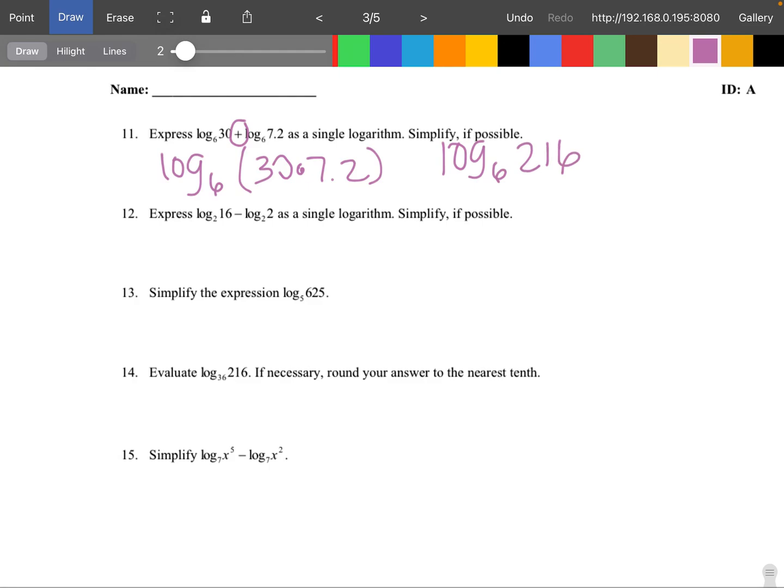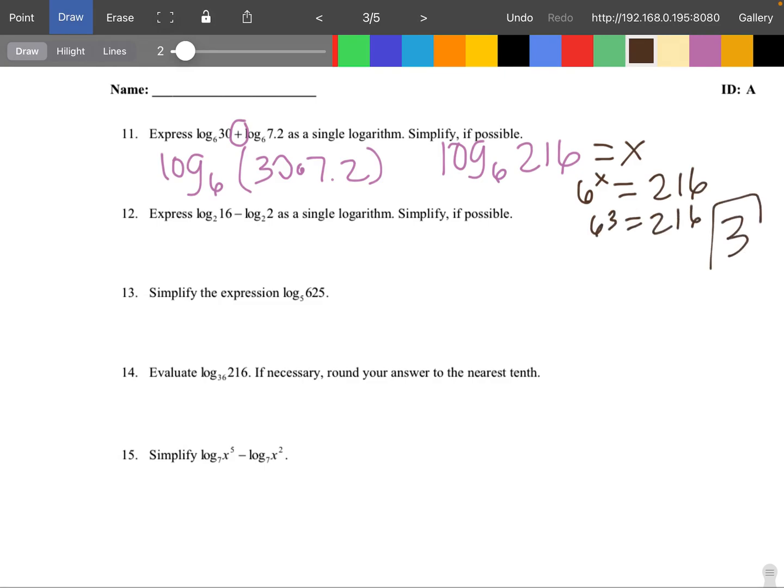It says simplify if possible, so we should check to see, is there an exponent when I raise it to a number, do I get 216? So converting it to exponential will be 6 to the x equals 216. Well, I know 6 squared, so 6 to the second power, that's 36. 6 to the third power is 216. So your answer, simplified, would just be 3.